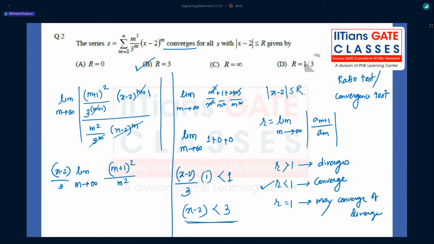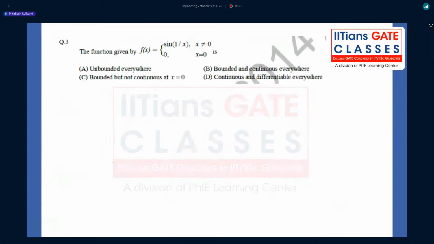Any doubt here? Coming towards the next question. This is from the calculus topic about differentiability and continuity.